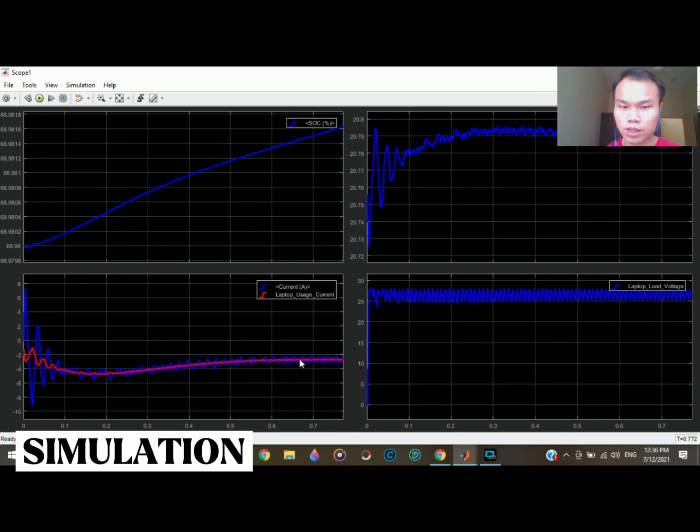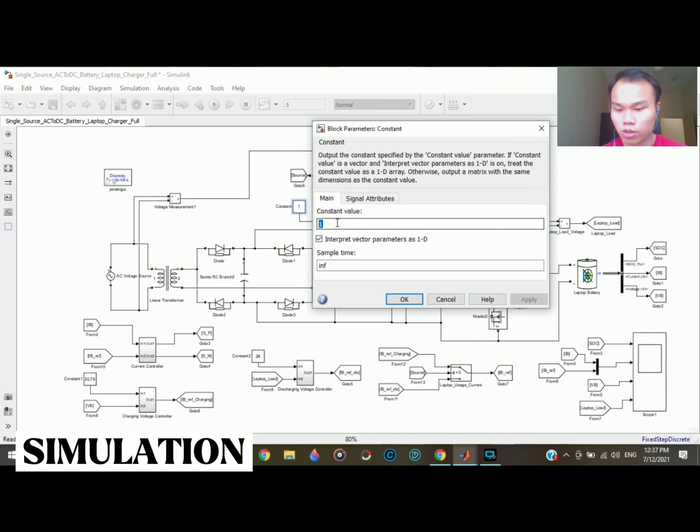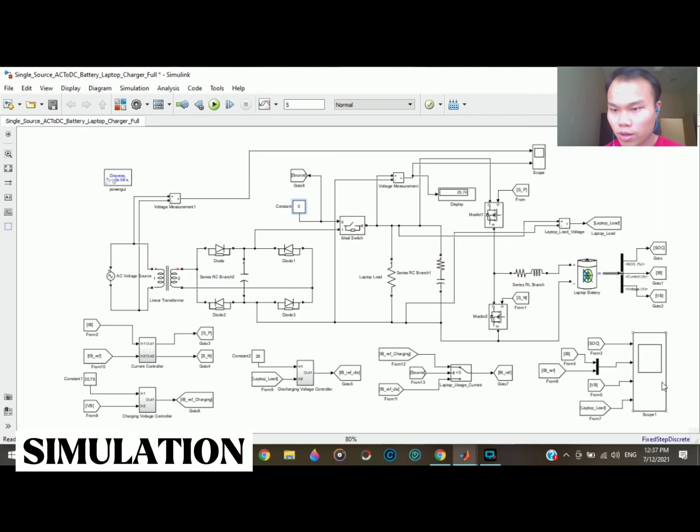It's negative because it's charging, and when I'm using this discharge waveform, as you can see here, when the battery is low, I'm using it for discharge. So when I change to 0, it's going to discharge. This one switch is open, and we're not using it here. So it's using the battery to supply the laptop load.